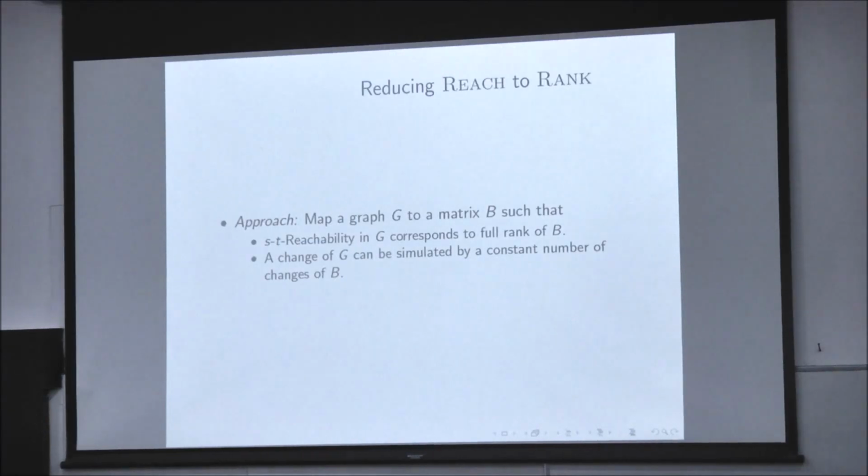So, reducing reachability to rank. How do you reduce reachability to rank? The approach is to map the graph G to a matrix such that if you have reachability in the graph, then the matrix is full rank.